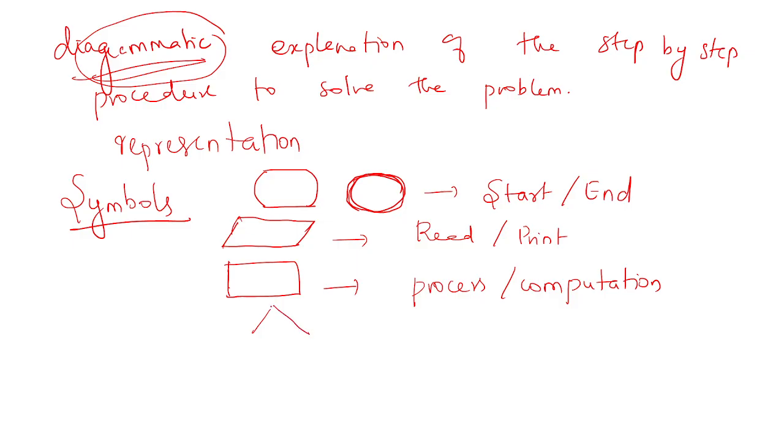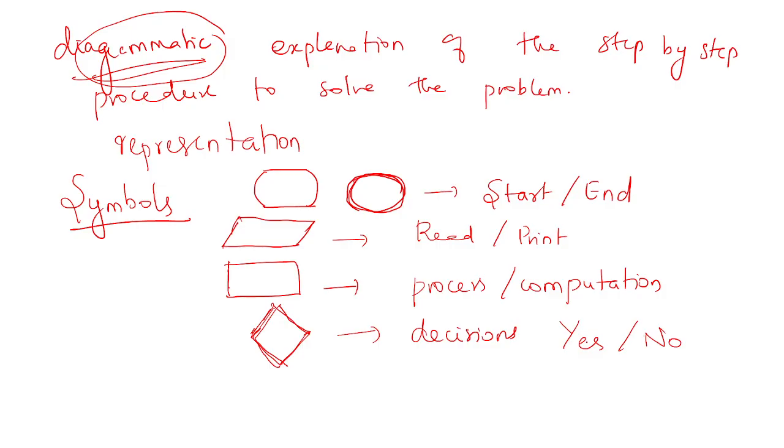Apart from this, to test a condition, or to repeat until a condition is satisfied, you have a decision symbol, which is like a rhombus. This is to make decisions. It will have at least two branches, in most cases two branches, yes or no, based on the condition.